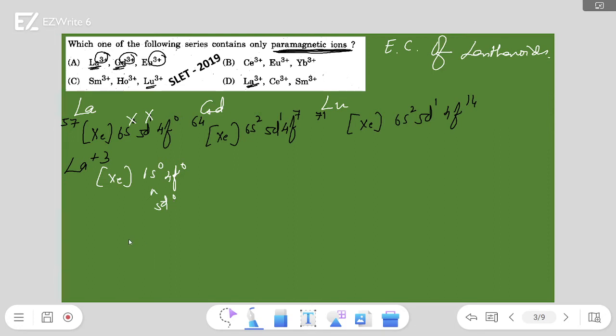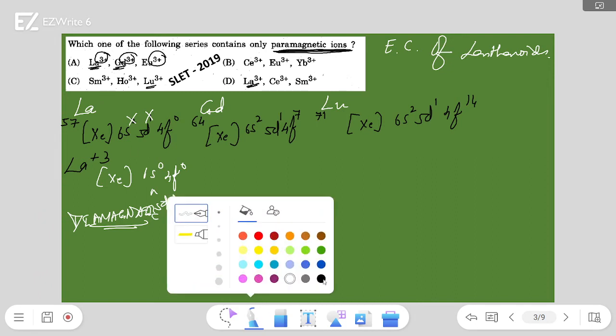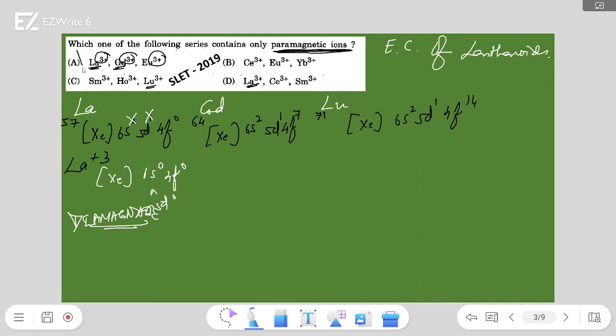As there are no unpaired electrons, it will not be paramagnetic, it will be diamagnetic, and therefore this option is directly getting out, because we are supposed to find a series with only paramagnetic ions, but lanthanum itself is diamagnetic, so option A cannot be there. Considering gadolinium, and before going into gadolinium, friends, option D also has lanthanum, so this is also removed.